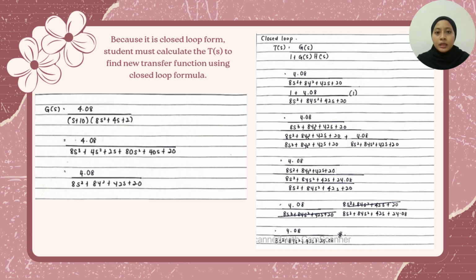The closed loop formula is T(s) equals G(s) divided by 1 plus G(s)H(s). So we enter the value: 4.08 divided by 8s cubed plus 84s squared plus 42s plus 20, divided by 1 plus 4.08 divided by 8s cubed plus 84s squared plus 42s plus 20, with H(s) equal to 1.